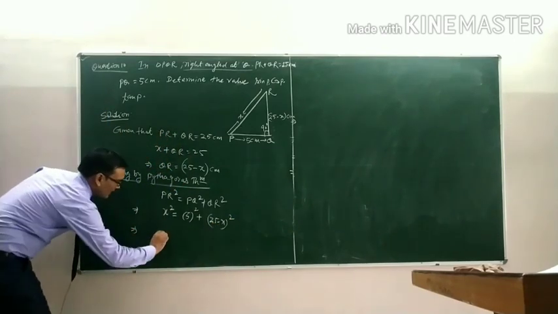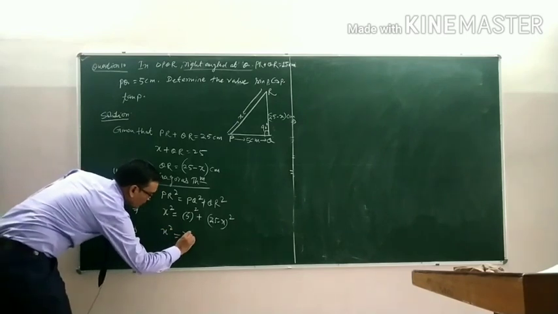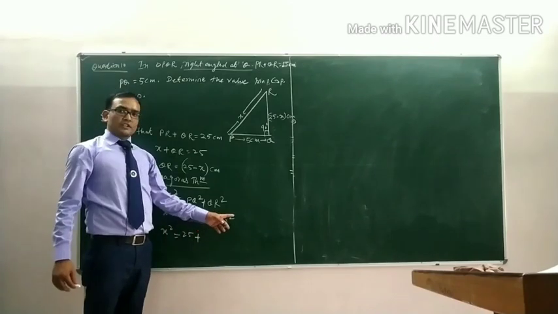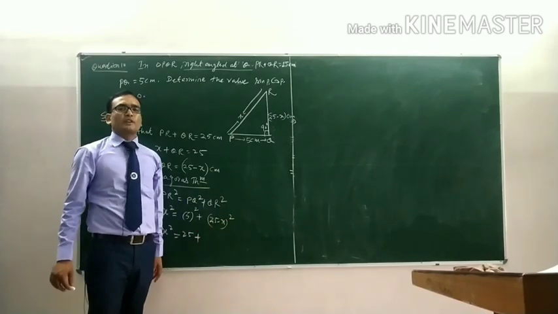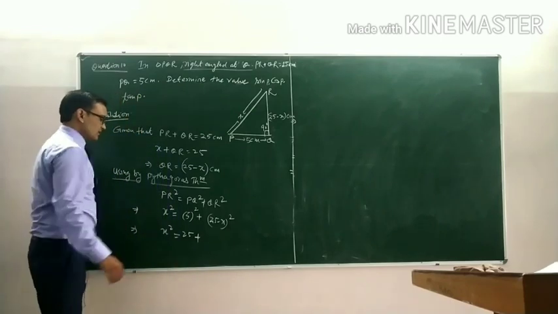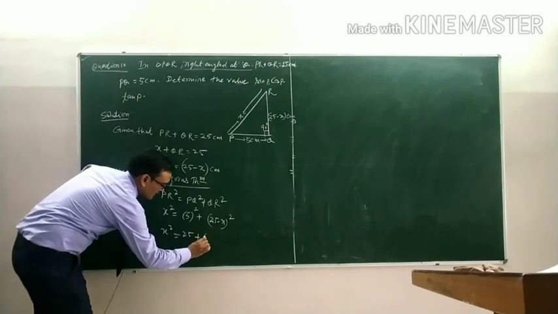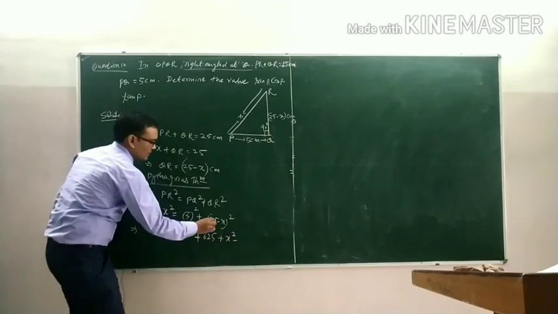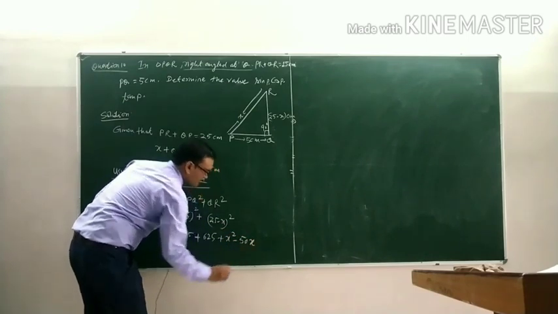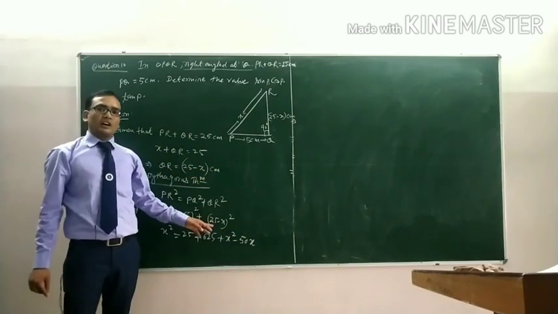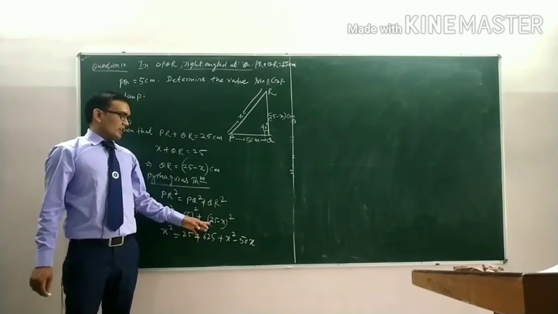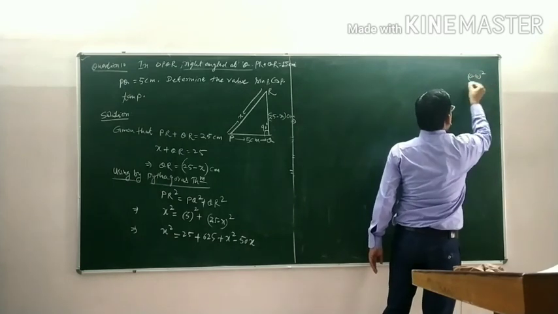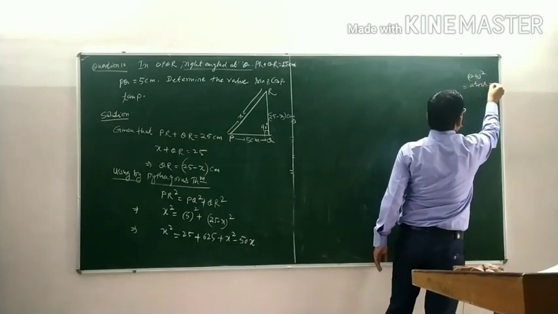This implies that x square equals 25 square plus x square minus 50x, using the formula a minus b whole square equals a square plus b square minus 2ab. Then 25 square is 625.